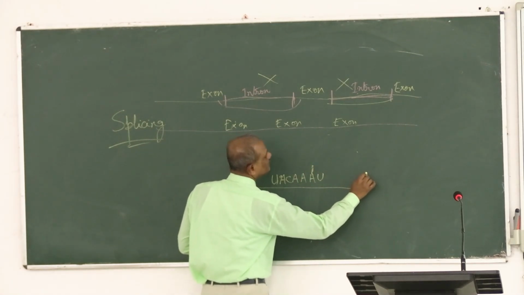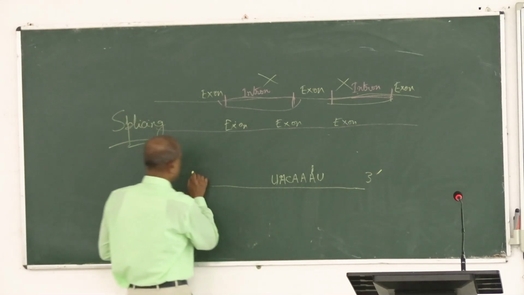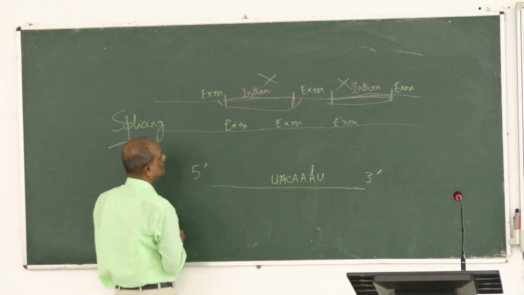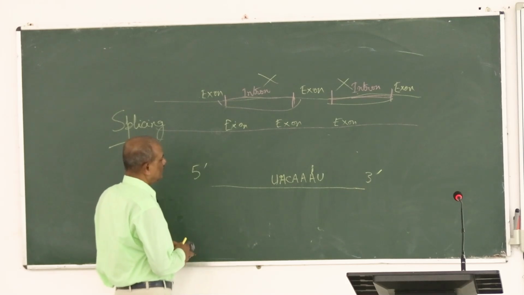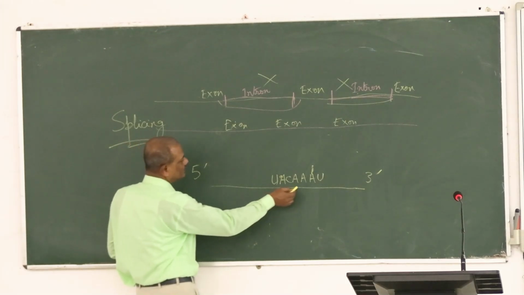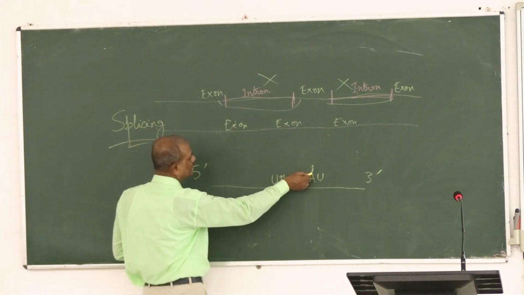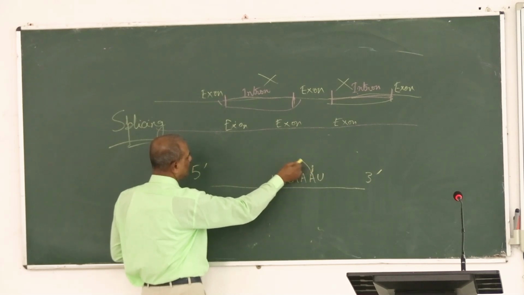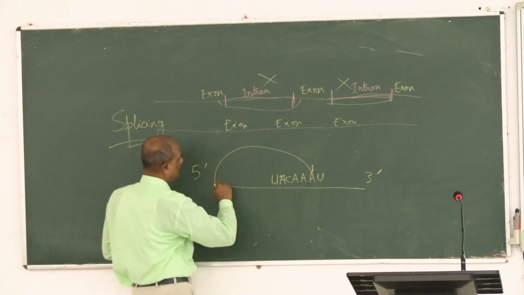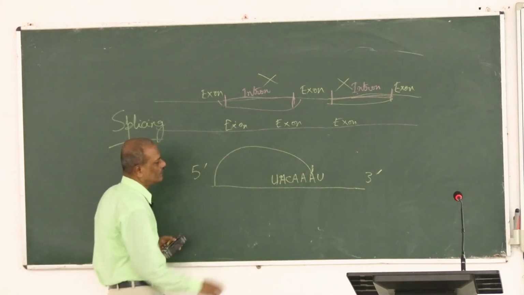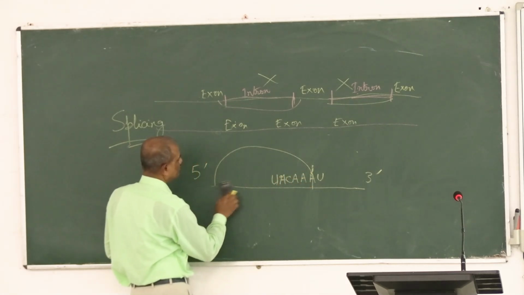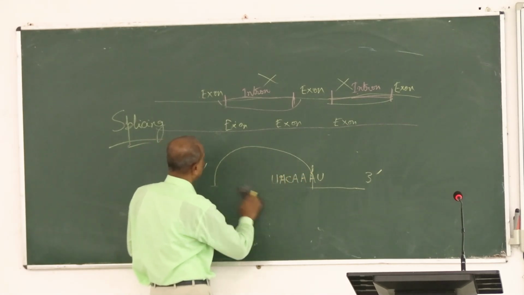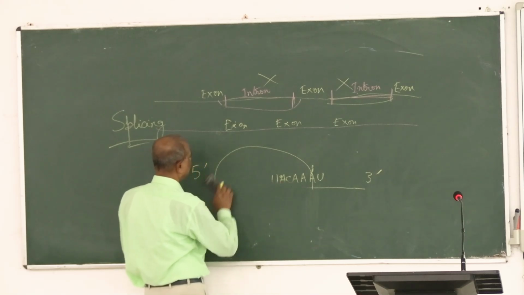This is 3' end, this is 5' end of this structure. Now, what it does, it makes a nucleophilic attack here, this adenine. So it makes a loop-like structure. So it cuts here and then makes a loop.